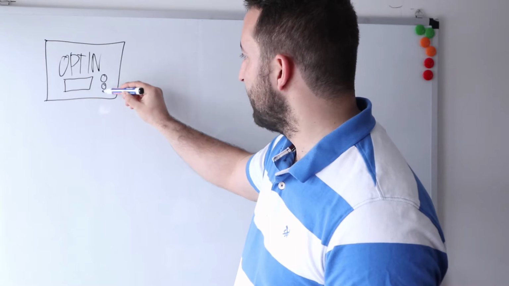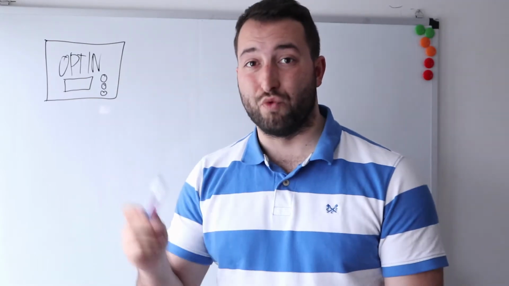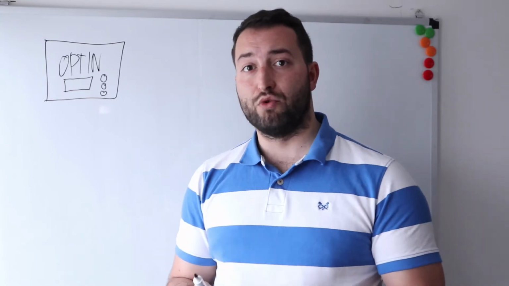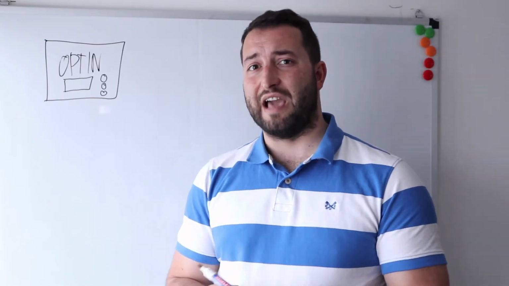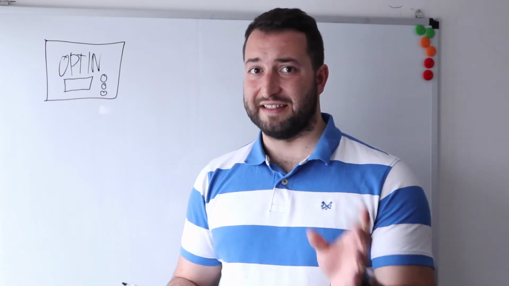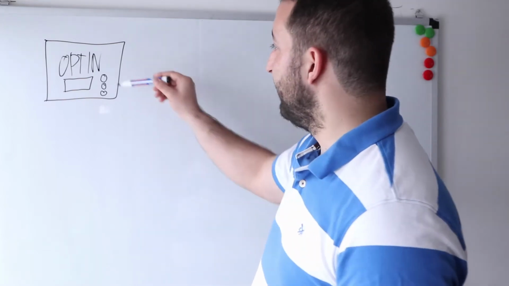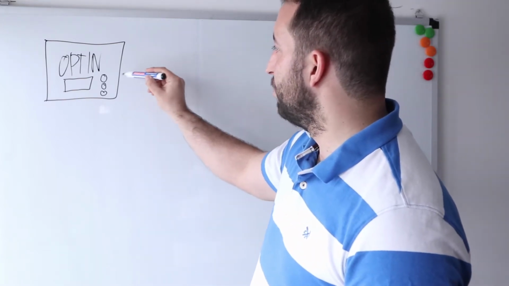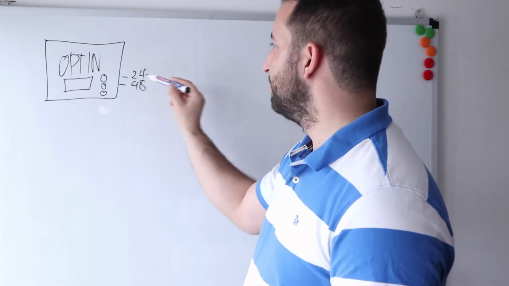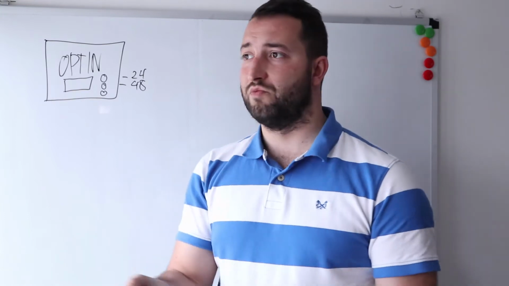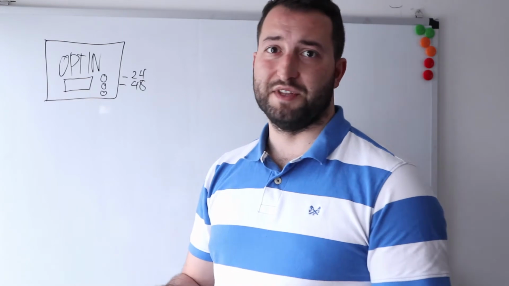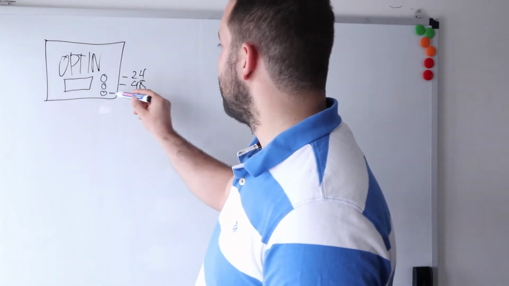And on the form, we've got the time they want to watch the webinar. This is one of the limitations of what I'm about to show you: they actually can't pick a specific date and time. What they can pick is, for example, I want to watch in 24 hours, in 48 hours, or I want to watch it now, tomorrow, or the day after tomorrow, and stuff like that.